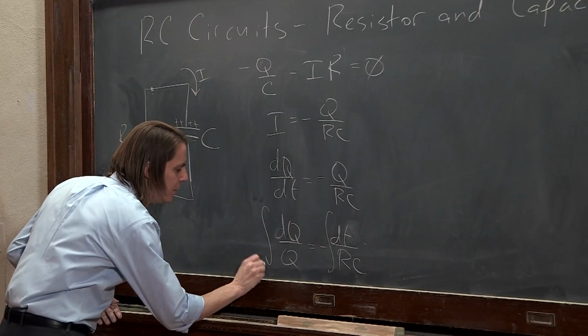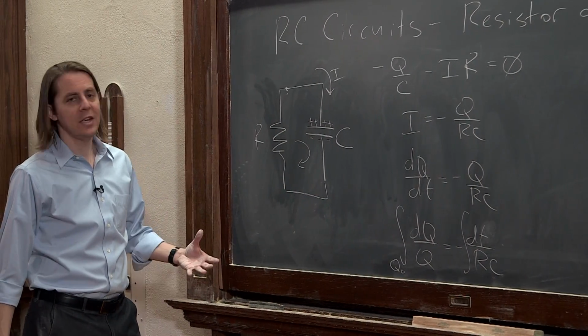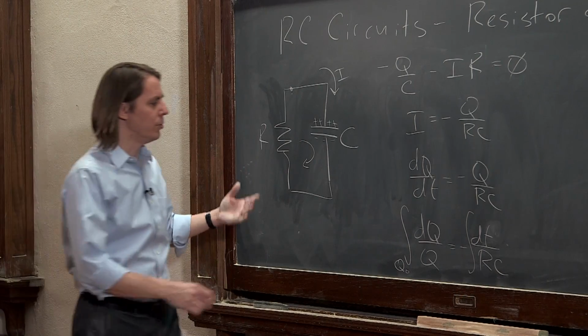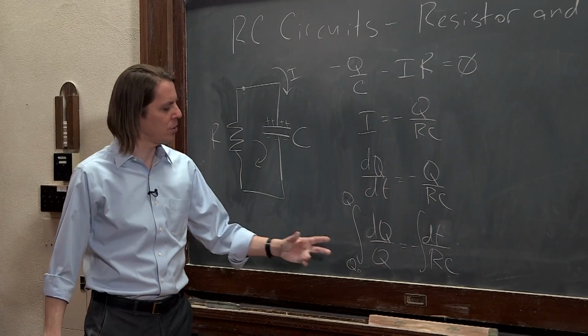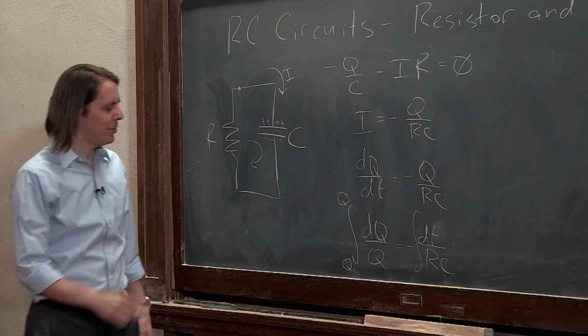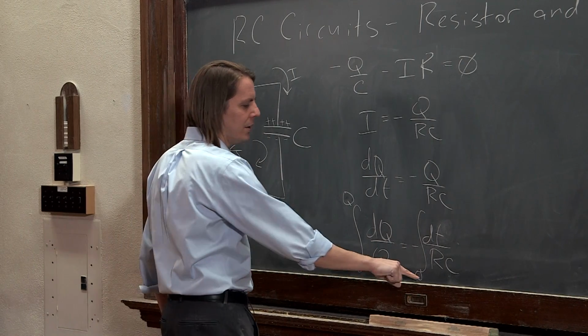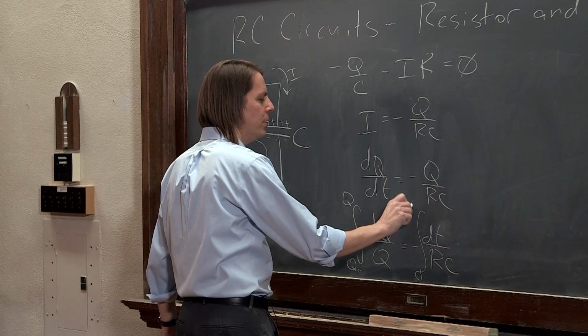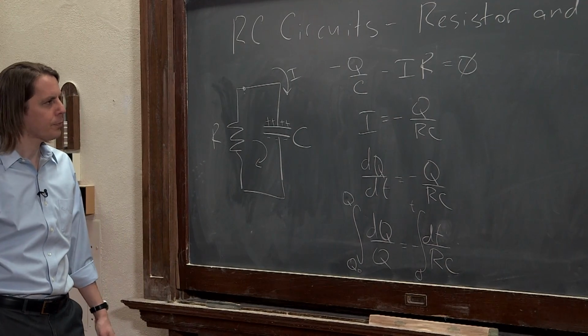So it starts at Q naught, and it's going to change from Q naught to some other charge Q. So Q will become sort of our function, but Q naught is our initial value instead of 0 like before. We're going to start at time equals 0. So we're going to say it has some charge Q naught at time equals 0, and we're going to go to time t when it has some different Q at time t.